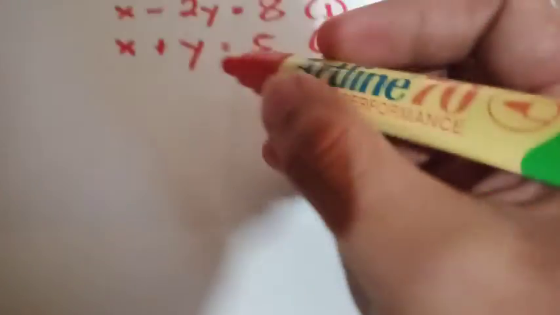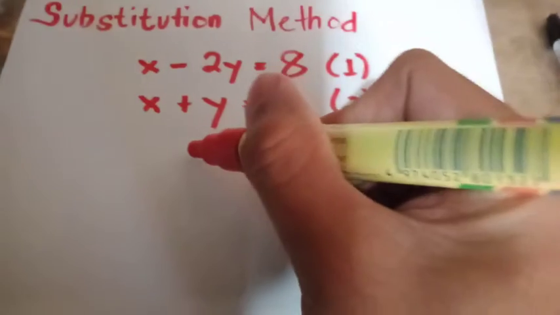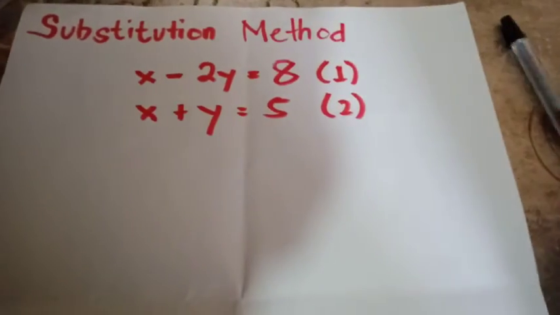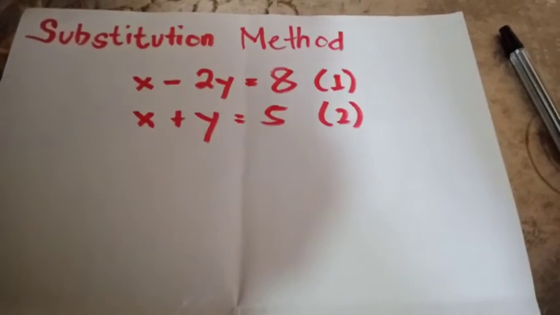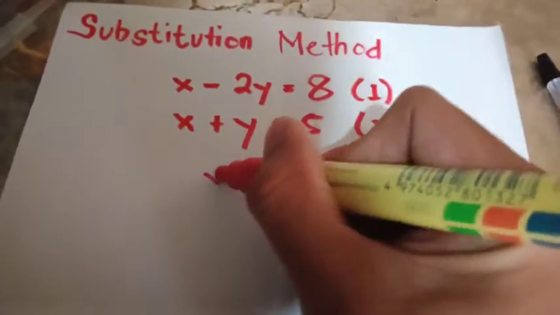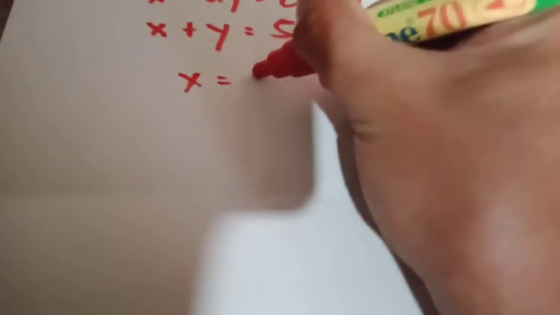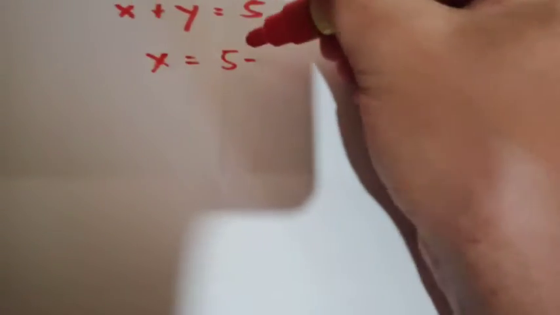By doing that, we just have to transpose the y to the other side. So now we have our x value.